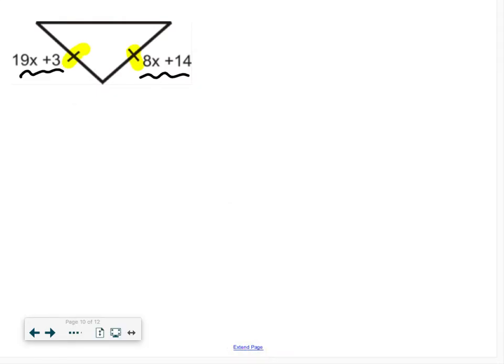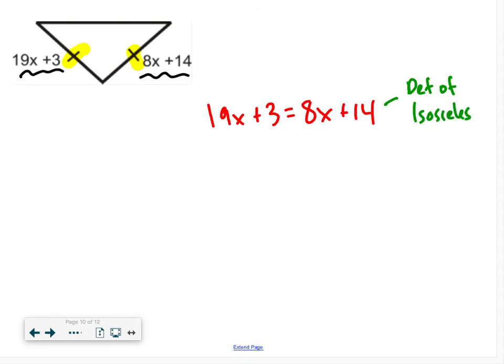So then I can say 19x plus 3 equals 8x plus 14. And then I can solve. The reason for this one is simply the definition of an isosceles triangle. The definition of an isosceles triangle lets me know that those two sides are equal. Or you could say given, because they are marked in the picture.